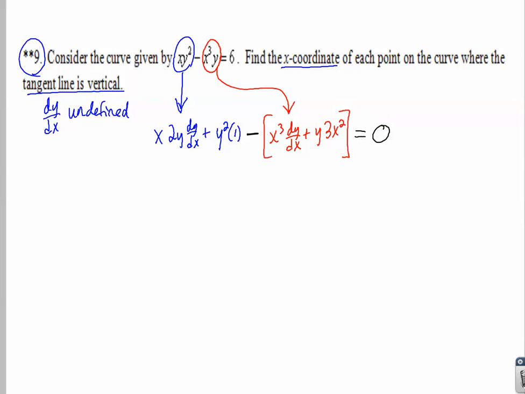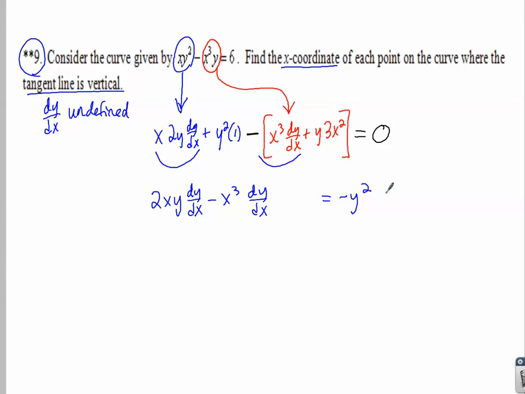Now we need dy dx. So let's find all the dy dx's and get them by themselves. dy dx, send the rest over. So alphabetizing 2xy dy dx. This can go to the other side. So over here equals negative y squared. This stays, it's a negative. Negative x cubed dy dx. This can go to the other side. Keep notice that it's a negative of that.